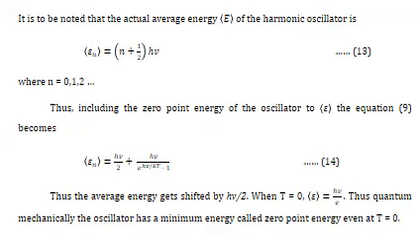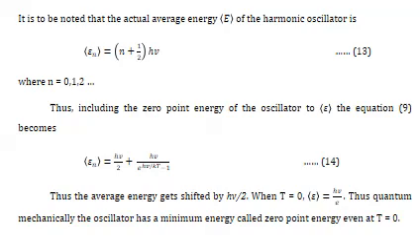With that, we are adding the zero point energy also, because according to quantum mechanics, the harmonic oscillator has minimum energy in the ground state, which is called zero point energy. Its value is h nu by 2.